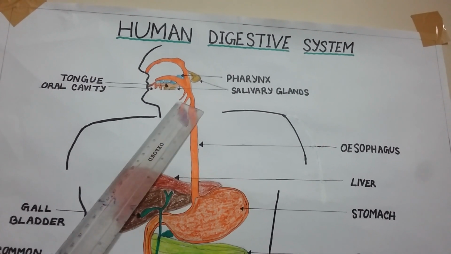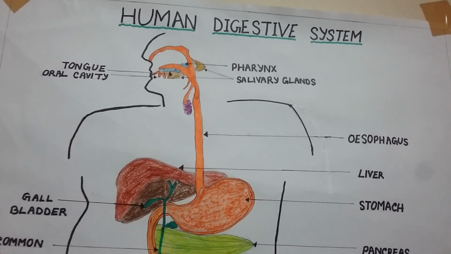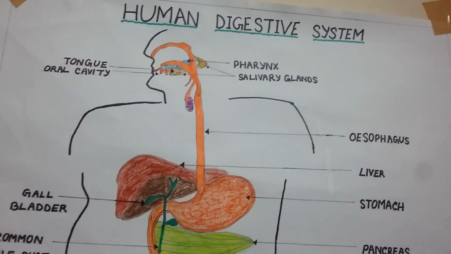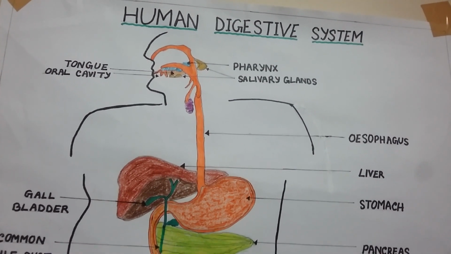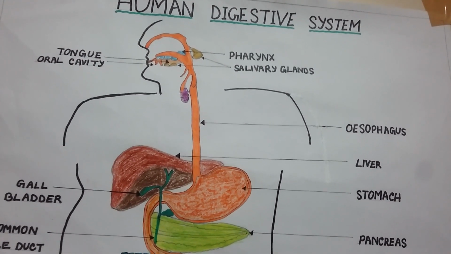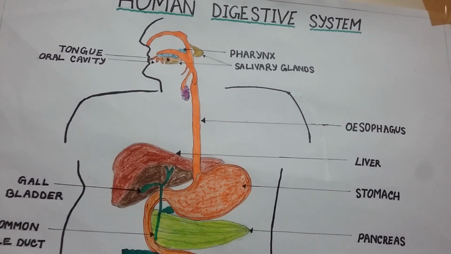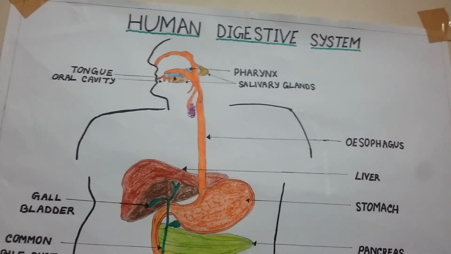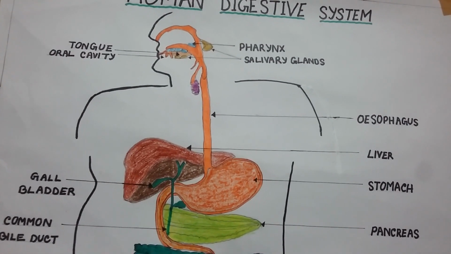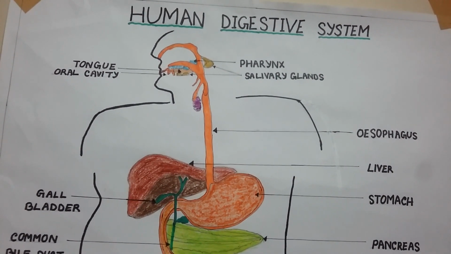This process is called mastication. Each tooth is present in a separate socket in the gums. The white and hardy substance which covers the teeth is called enamel.